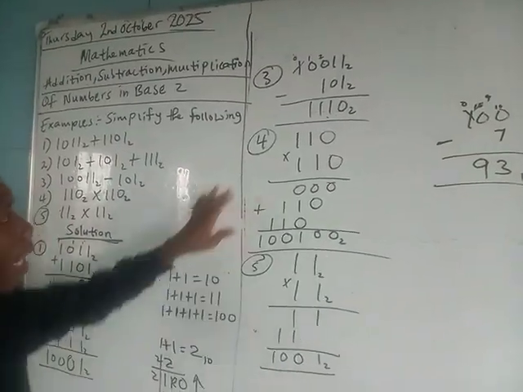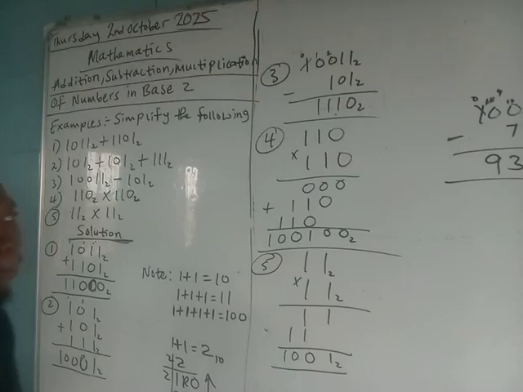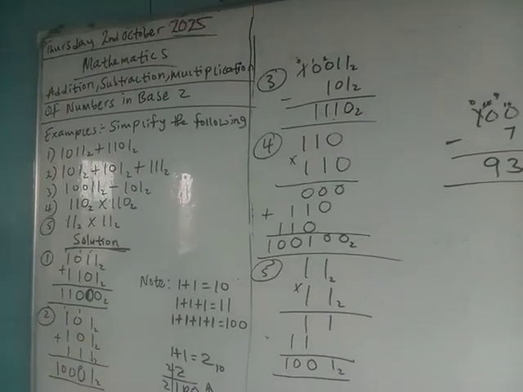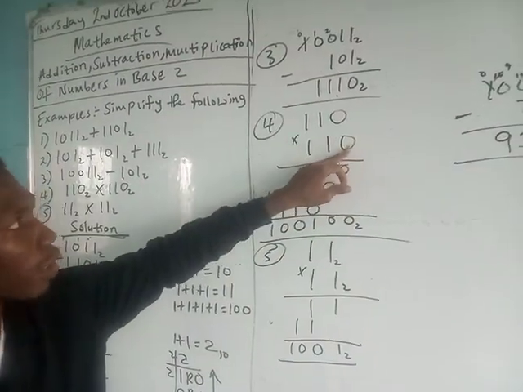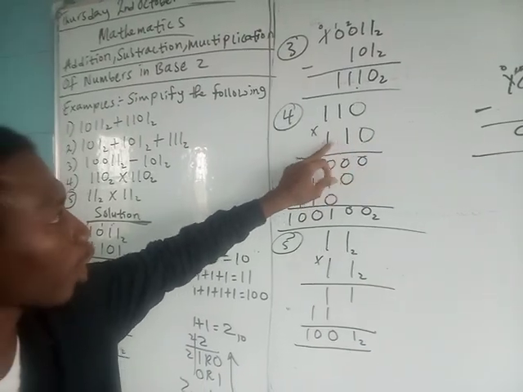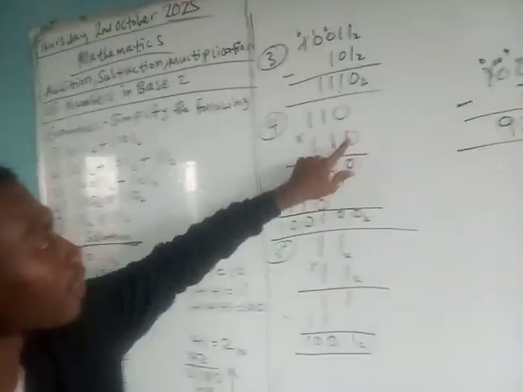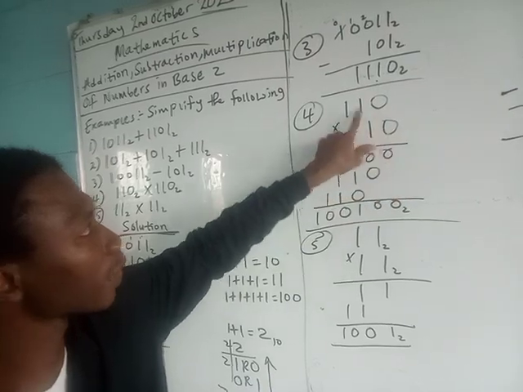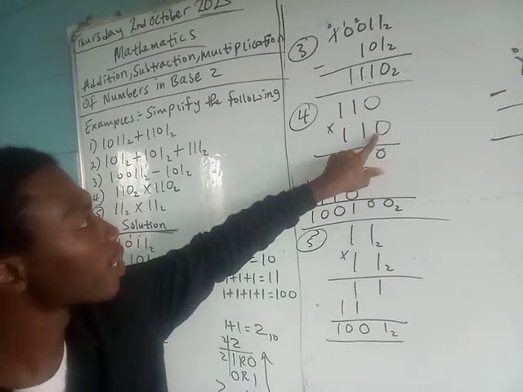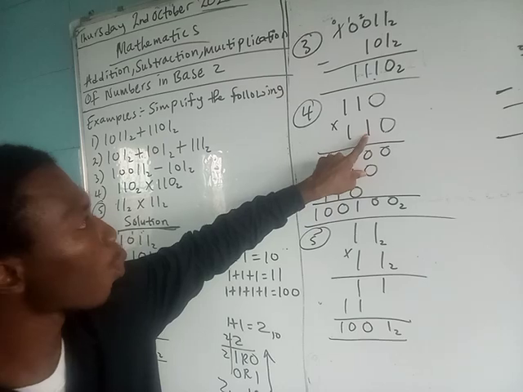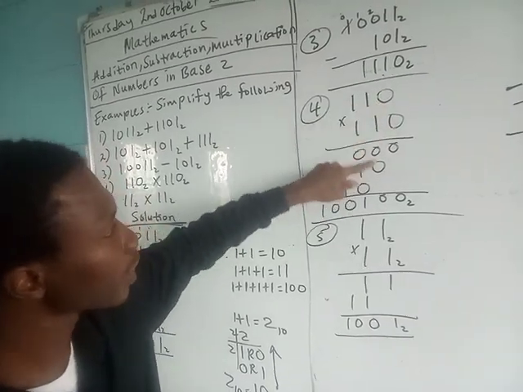Then the next one is multiplication. Multiplication of numbers in base 2 is very easy. Each of these digits we multiply with the upper number. 0 times 0 is 0, 0 times 1 is 0, 0 times 1 is 0, 1 times 0 is 0.